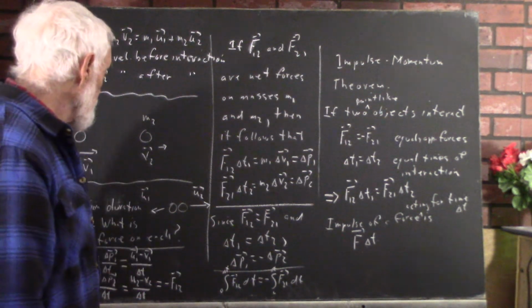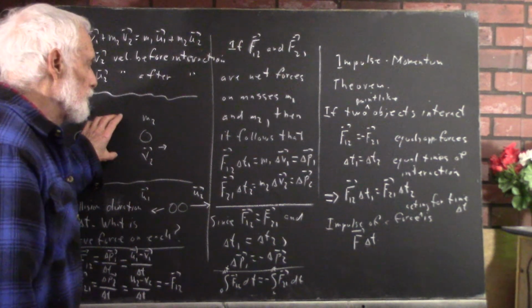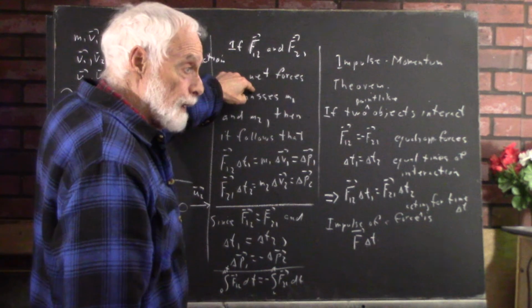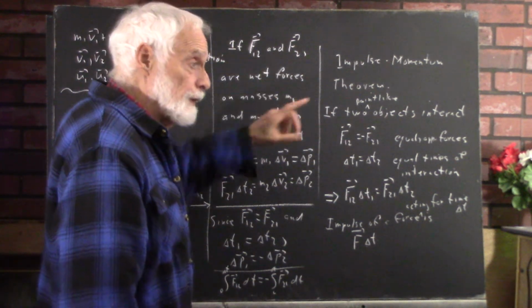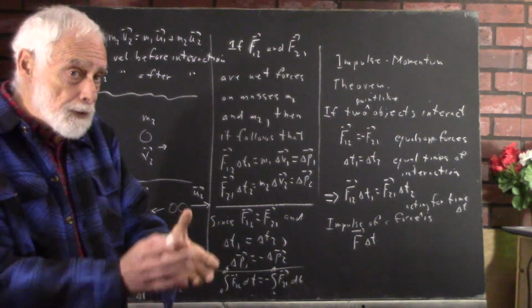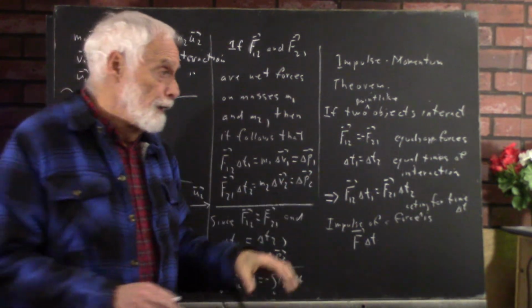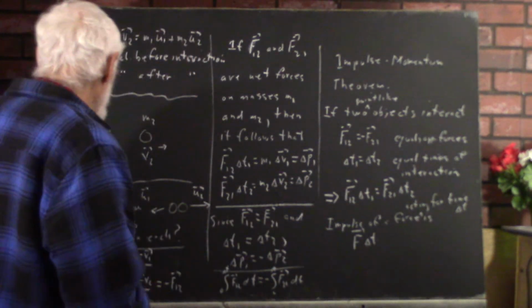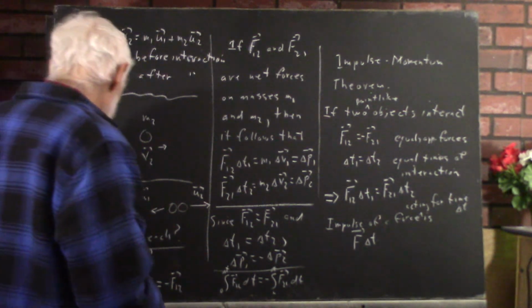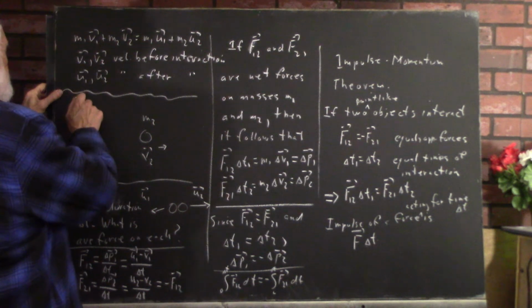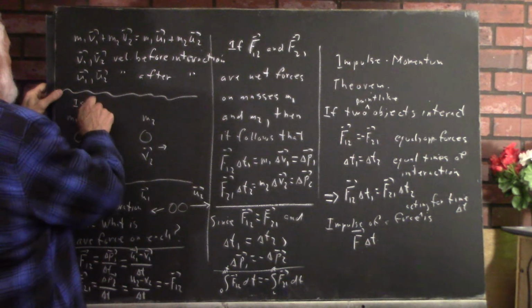One more thing I'll mention is the system has to be isolated because these are said to be the net forces. The force of interaction is the only force acting. That means there's no frictional force. Nobody's put a voodoo on the thing. Those are the only forces that act. And that's what we mean by an isolated system. So again, let's just mention that.